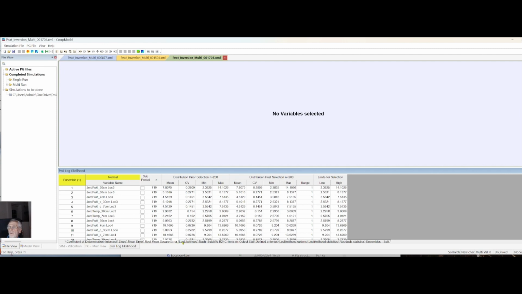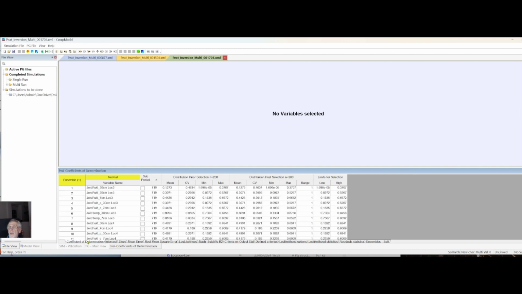So if you feel that you would like to have an R-square that is the highest, you can go to one particular variable that you have high priority for, like for instance the soil temperature at 7 centimeter depth. Then you follow that until you come to this limits for selection.